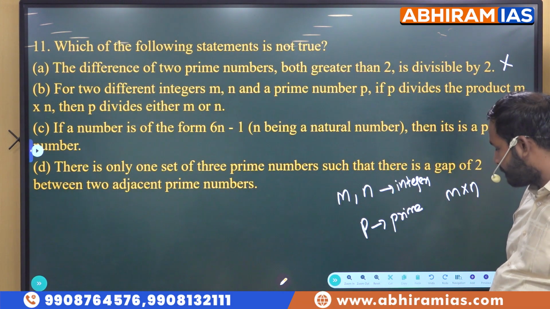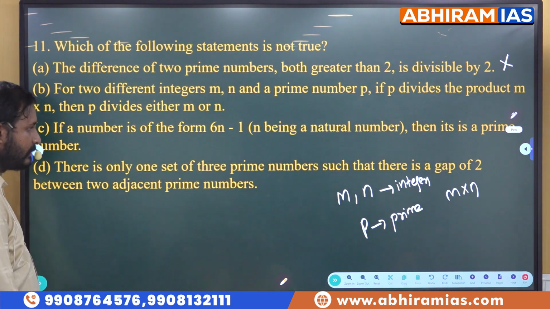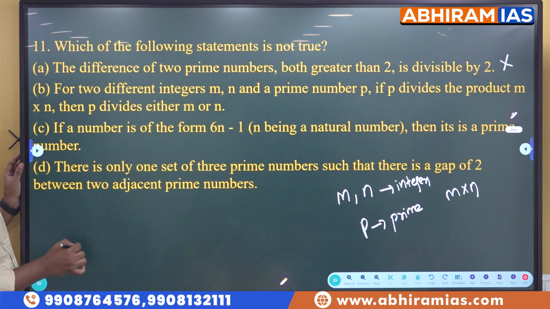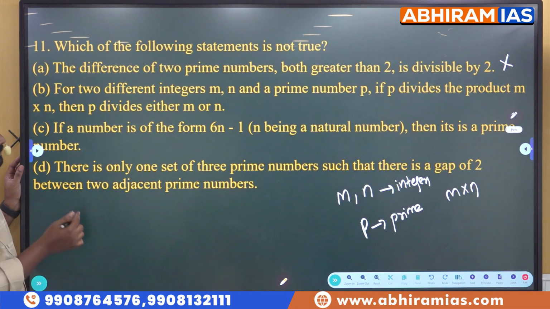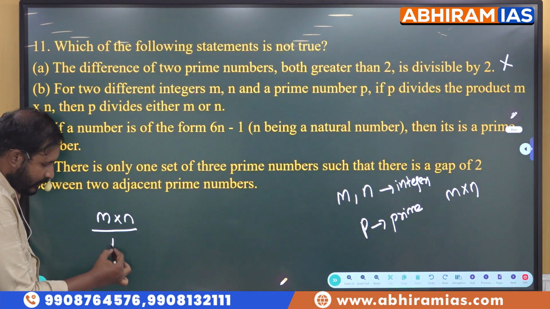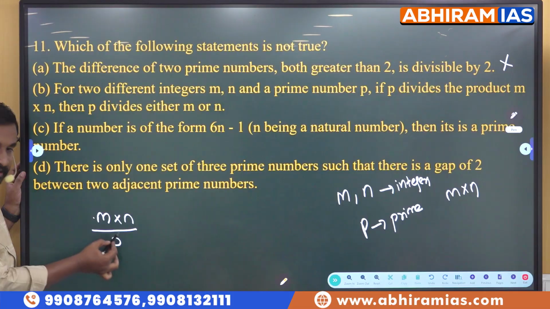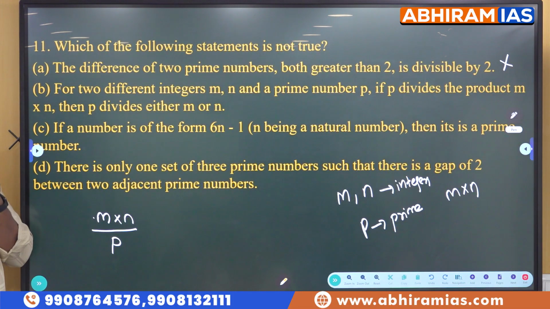Correct or wrong? Now we will see. Simple example. Please observe. M into n by p is there. They are telling that m and n are integers and definitely p is a prime number.